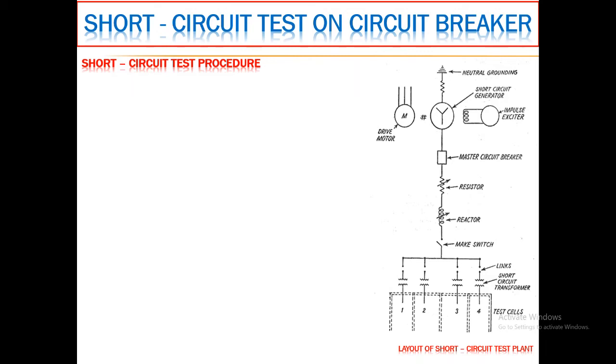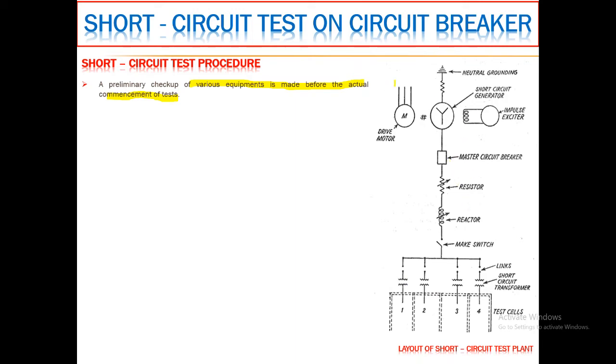Now let us see how the short circuit test is conducted. The same circuitry is used to perform the short circuit test on the circuit breaker. First, a preliminary checkup of various equipment is made before the actual commencement of the test. You have to see whether any loose connections are present or not.